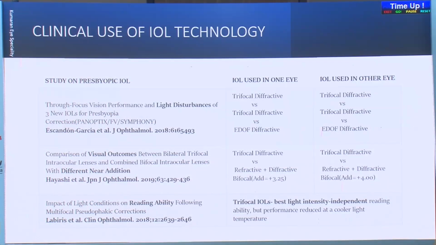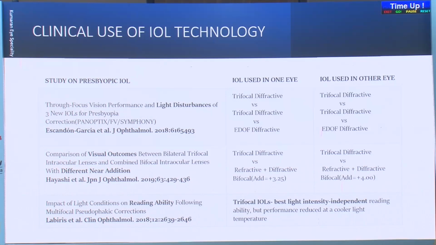The next study compared the light disturbances of three new presbyopia IOLs: a trifocal diffractive in both eyes, and an EDOF diffractive. They also did well. Then they compared the visual outcome and the different near additions. In one eye they put a 4 diopter IOL, and in the other eye a 3.25 add. These also did well.